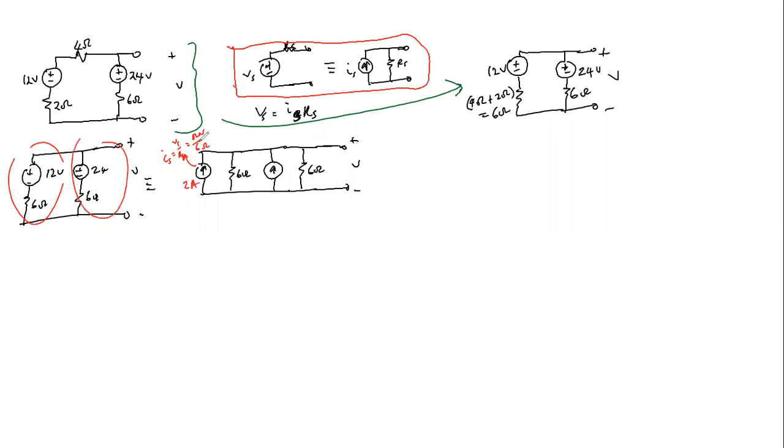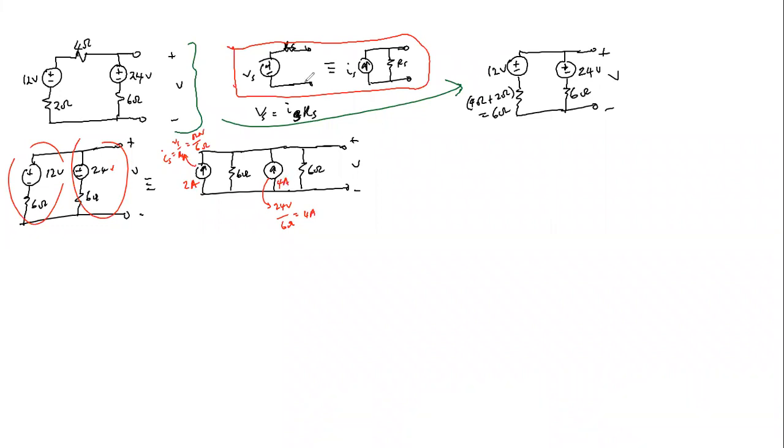Now for this connection, at this point we're going to have 24 volts, divided by 6 ohms. That will give us 4 amp.